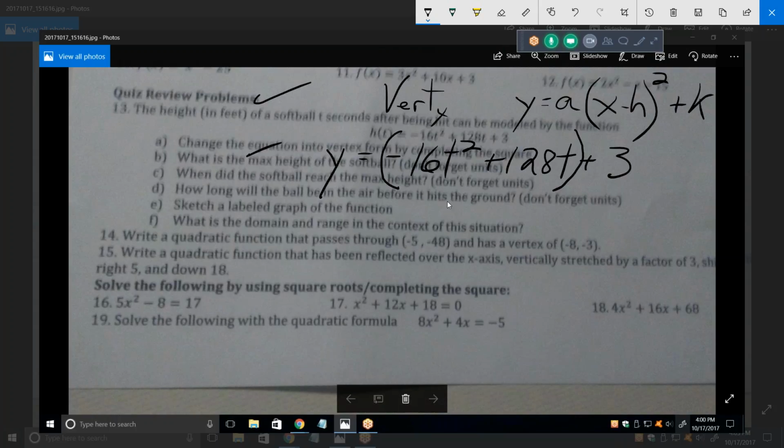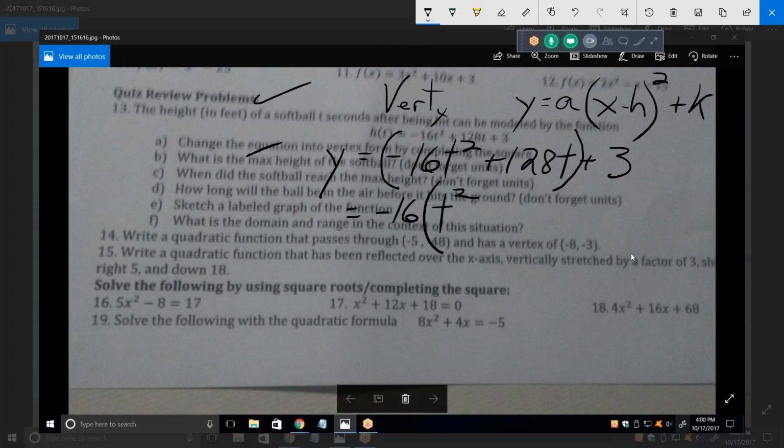The completing the square process does not work unless you factor out all coefficients such that that ends up being 1. So what do I have to factor out? The negative 16. And clearly that leaves behind that.